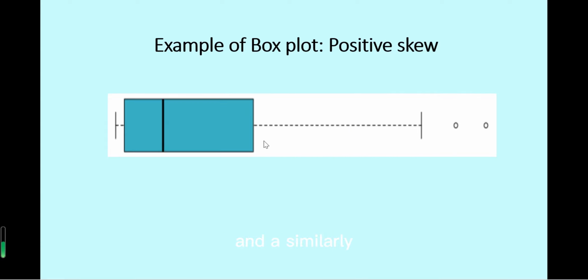Similarly, this example is a boxplot showing data which has positive skew because the upper whisker is much longer than the lower whisker, and the upper part of the box also has a wider range of the data than the lower part of the box.